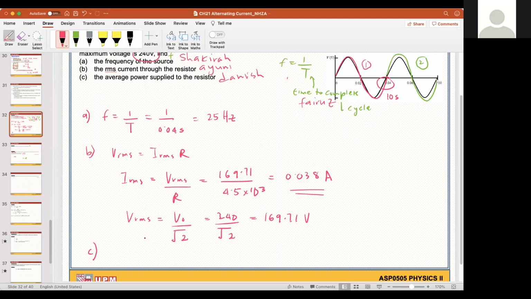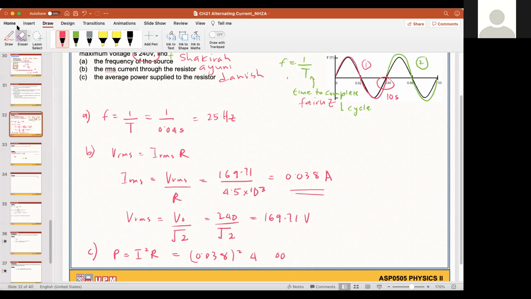For the C, we using the equation P equal to I squared times R. And then we 0.038 ampere times 4,500 ohm.